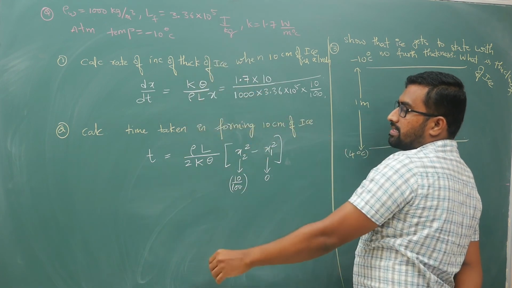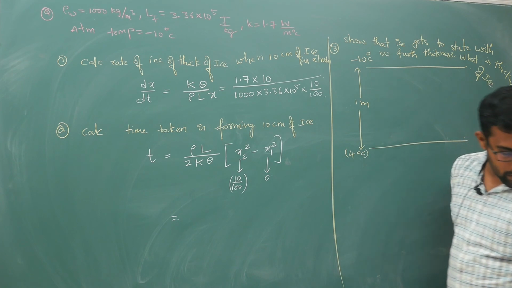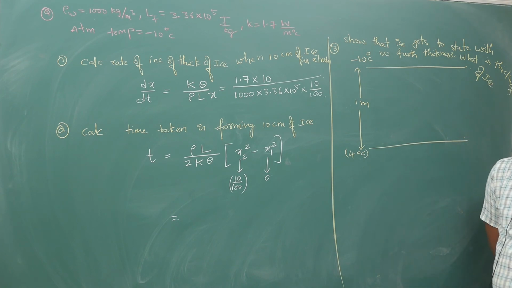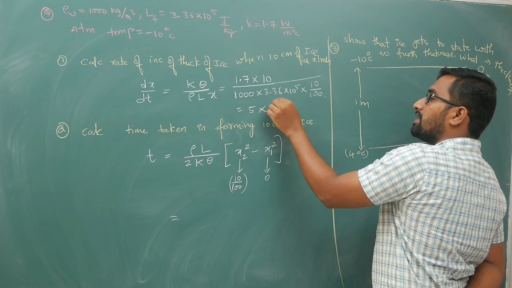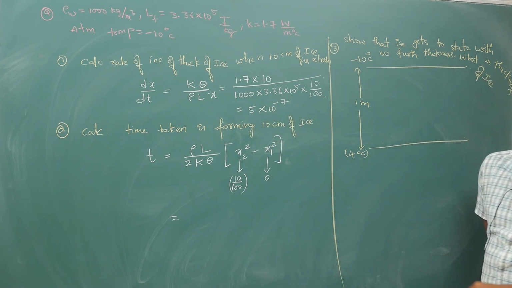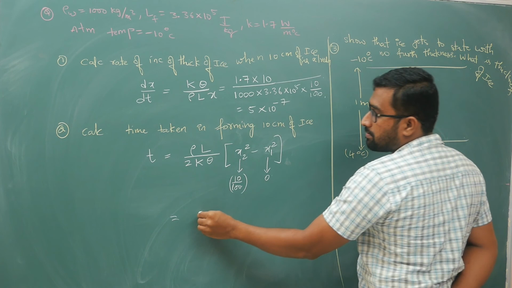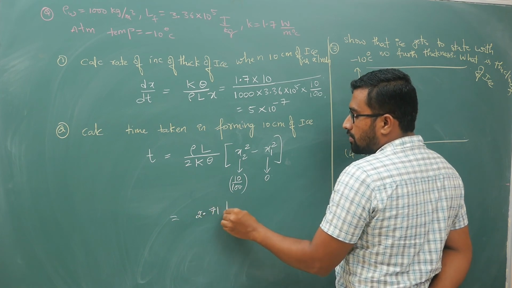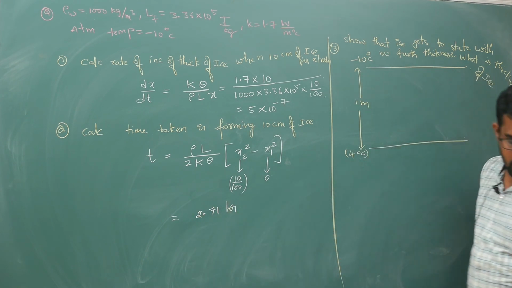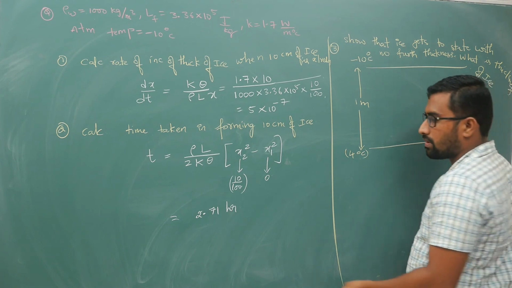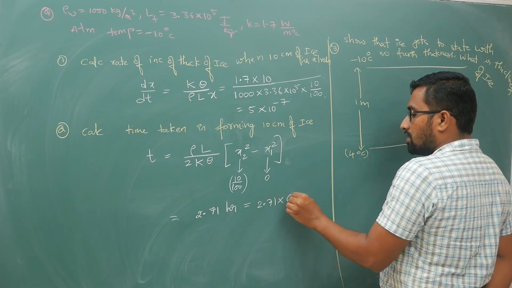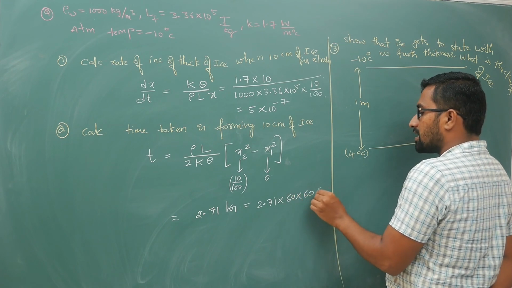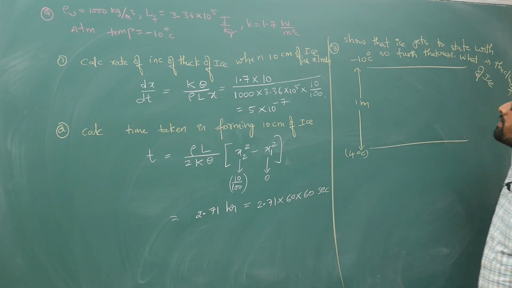Rho L 2k theta, substitute everything, and you are going to get 5 into 10 power minus 7. Check it later whether numbers are matching or not, the formula is the important part here. Here you are going to get your time as 2.71 hours. Of course you will get it in seconds, 2.71 into 60 minutes into 60 seconds, if you simplify.